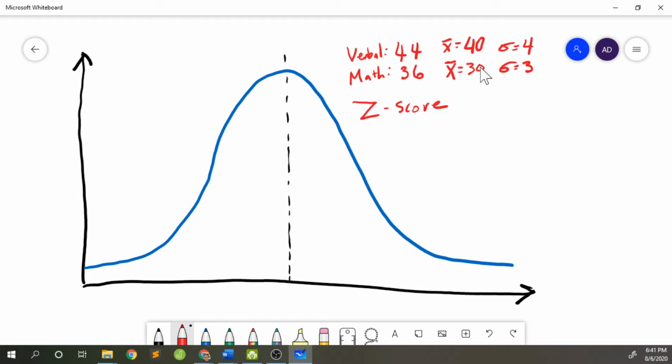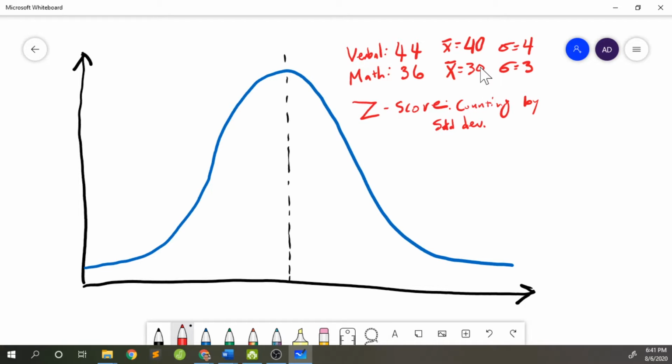So how are we going to do that? Well, we're going to take our standard deviation. That's the value we're going to use as a standard unit of measurement to calculate our z-score. So the z-score is going to be counting by standard deviations.